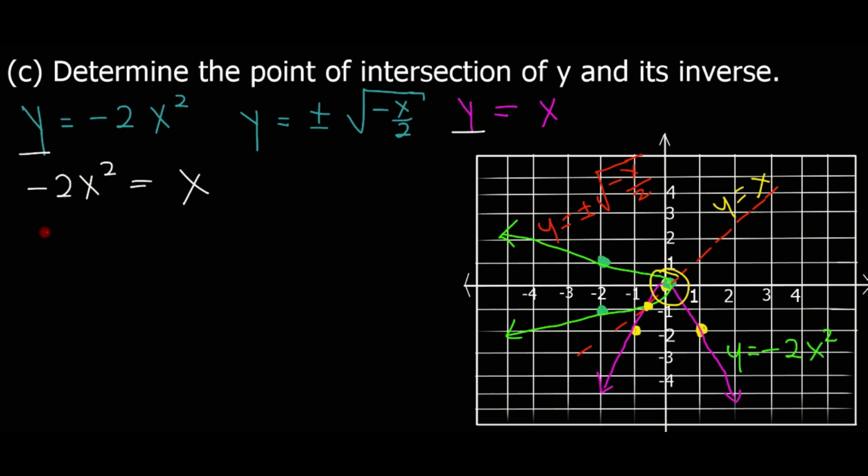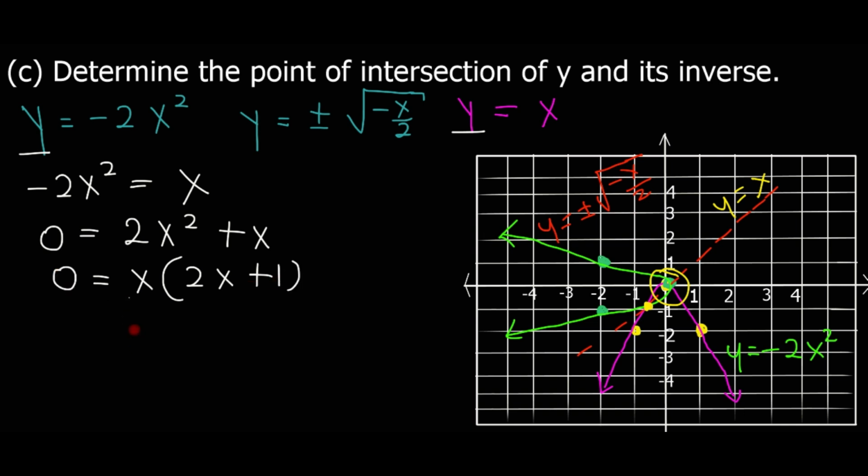Take this 2x squared to the other side, and then we have 2x squared plus x, and then from there take out x as a common factor, we have x and then we remain with 2x plus 1. So from there it's about solving for x. We say x equal to 0 or 2x plus 1 equal to 0.